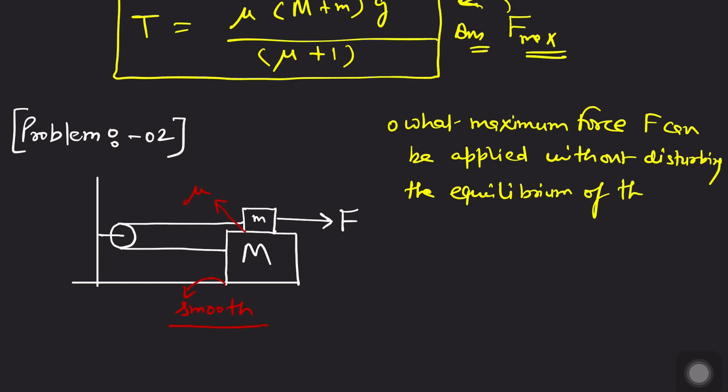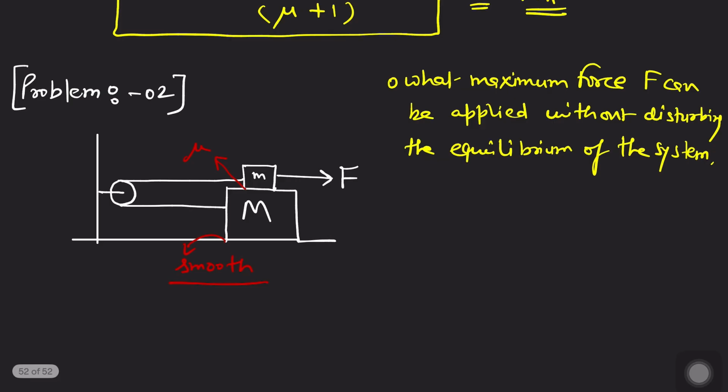This is the first part of the question. So first let me discuss this first part, and then we'll go on to the second part of the question. So if you see here, try to understand, it's also a very good question.